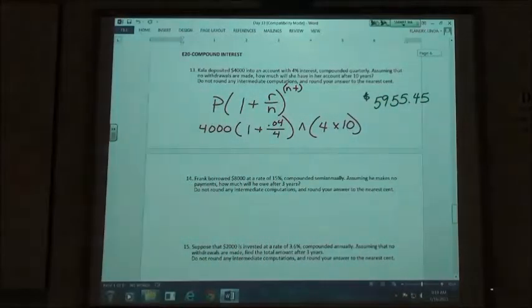Still punching it in. Working out all right? Oh, you need 2 to the 40th, or 2 the caret key here, not times. Right, it's 2 to that power.